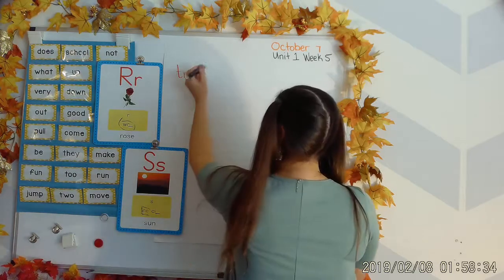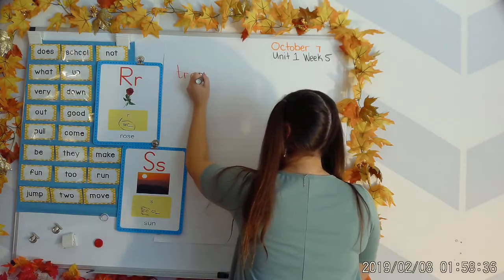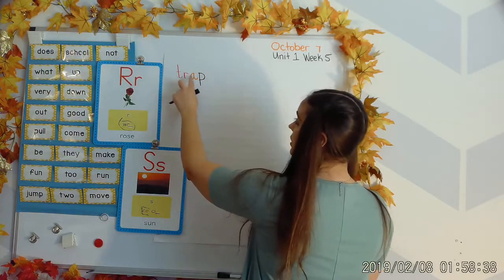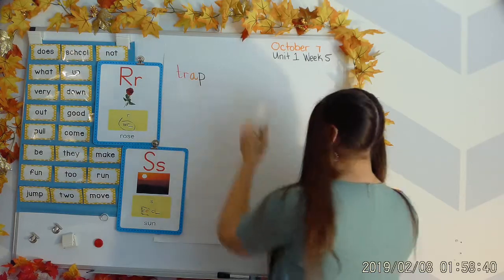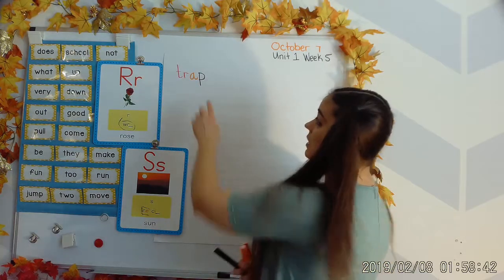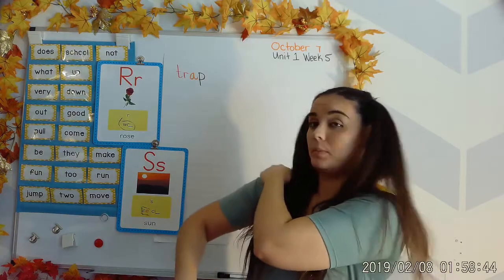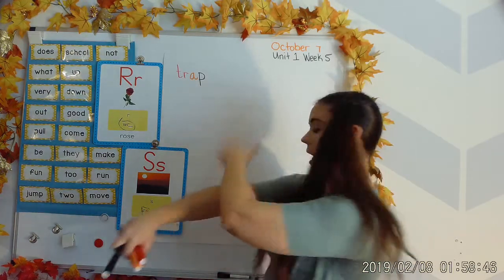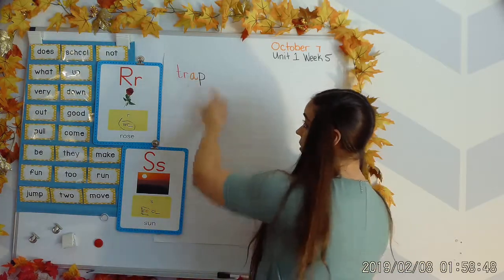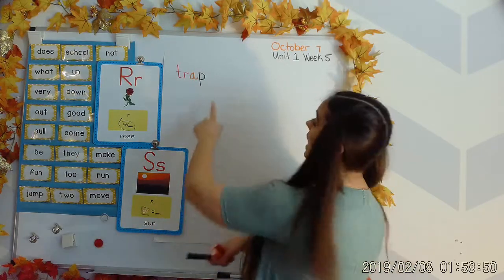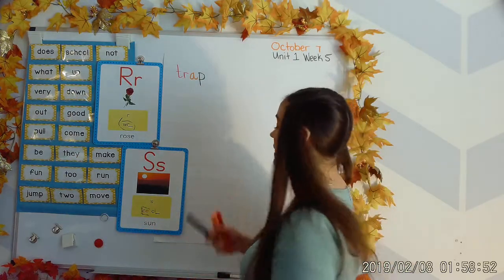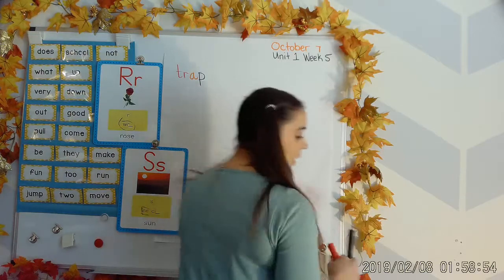And our wrist sound is going to be pa, trap. So in this whole board, our shoulder sound is going to be in red, our elbow sound is going to be in orange, and our wrist sound is going to be in black, just in case you need that extra help.